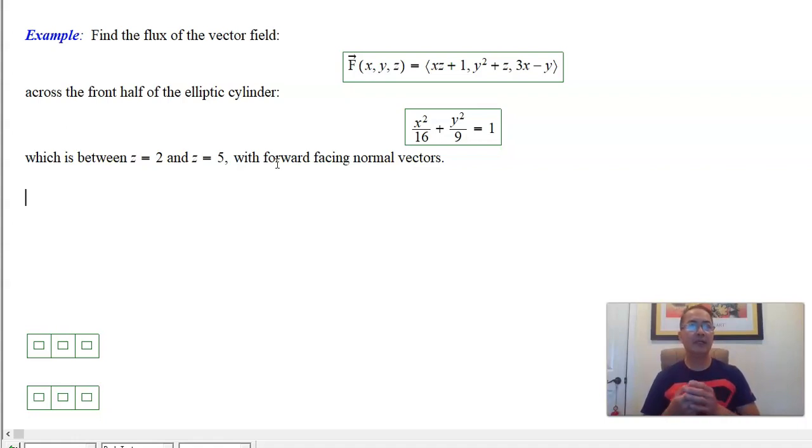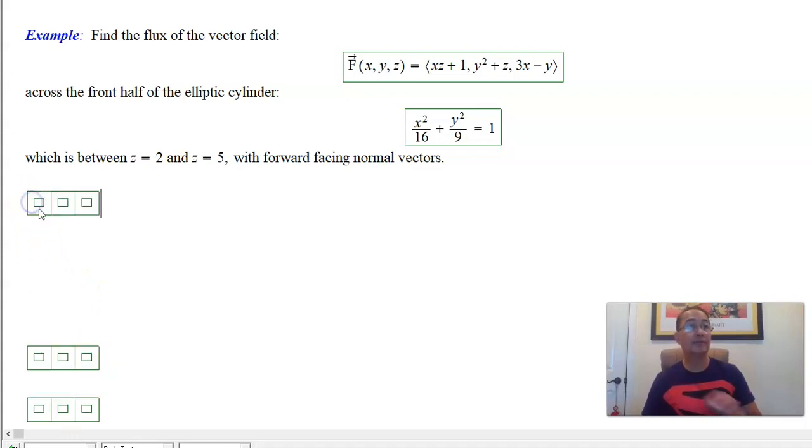Okay, so first we need a parametrization. It's not given to us, so we have to make it ourselves. We know how to do a circle. We know how to do an ellipse. So let's assemble our parametrization using polar. X is 4 cosine of u.